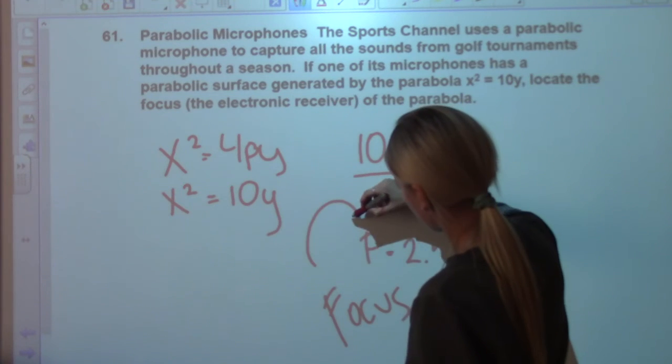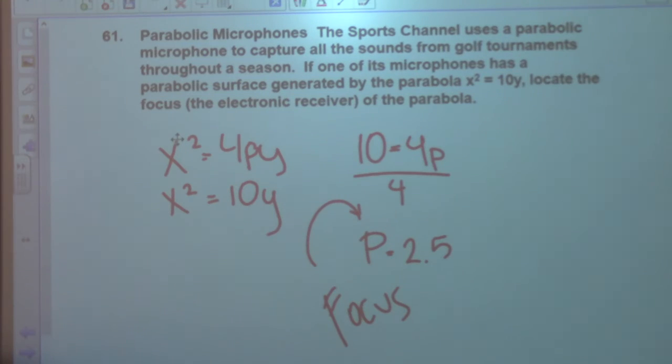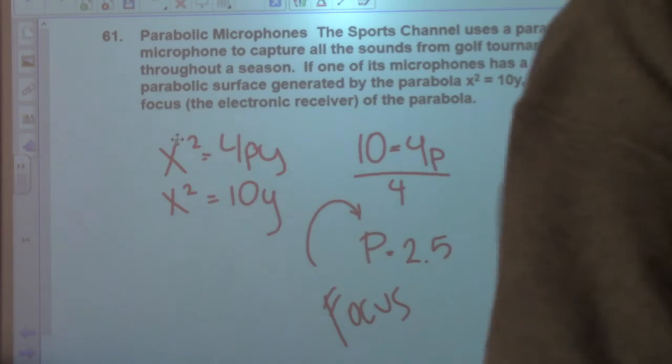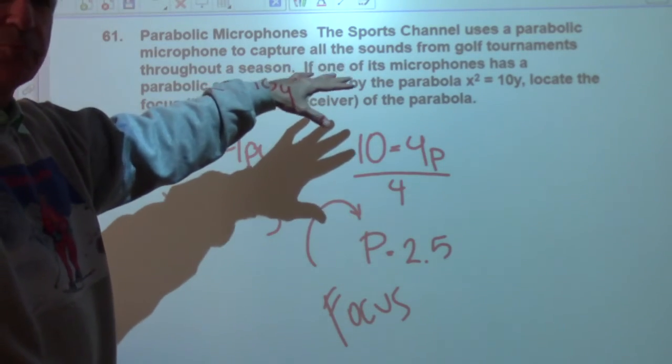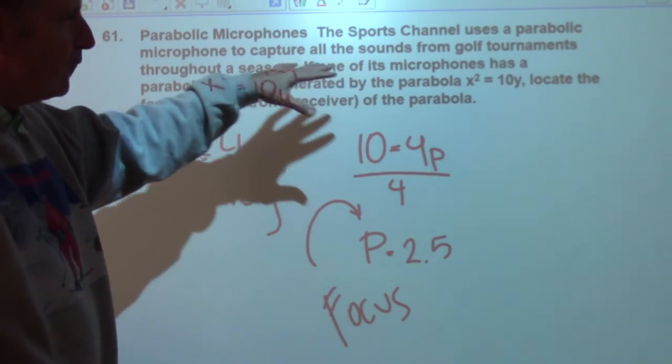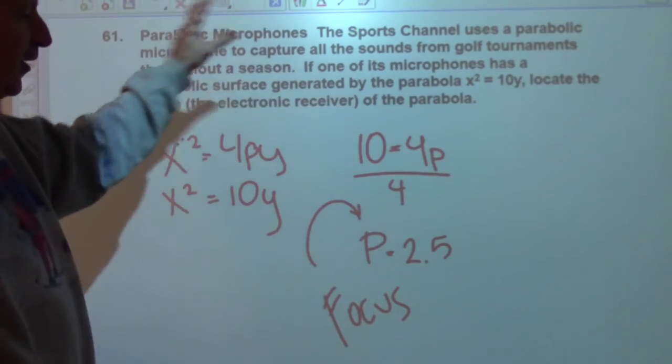And you know how I prepared for this lesson today? I watched the video. What's one thing that's weird about this problem? I don't see any units, any inches or feet or anything like that.